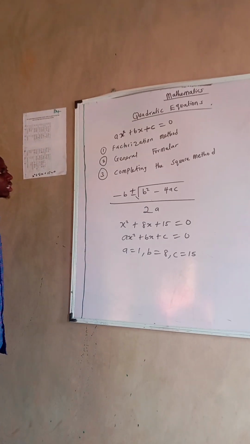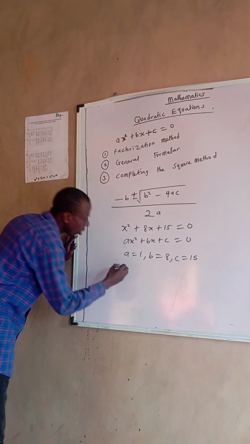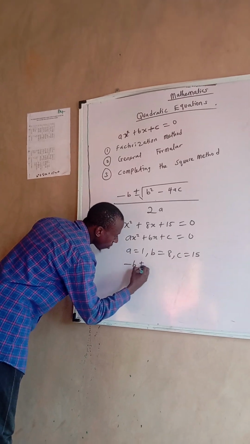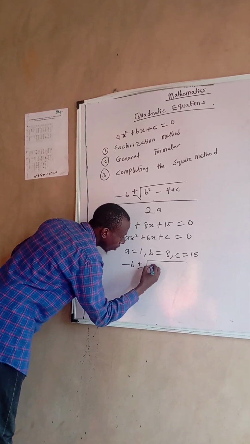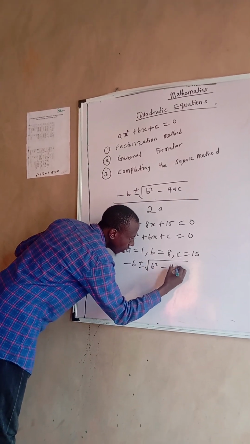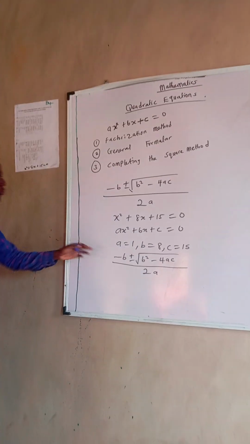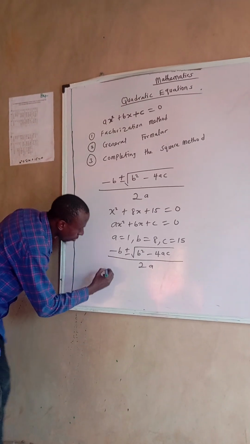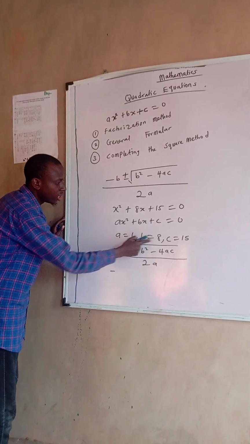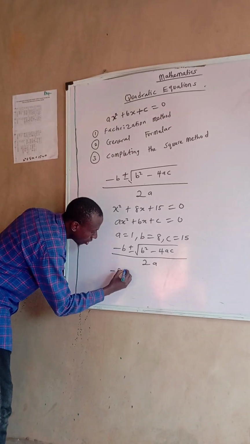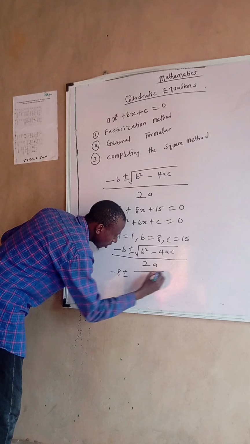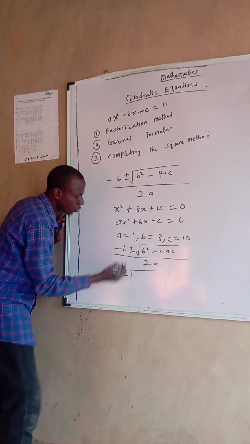Now, let's go back to the general formula, which is minus b plus or minus the square root of b squared minus 4ac. Don't forget, it's all divided by 2a. Now, let's make the substitution. Minus b, what's the value of b? 8. That's minus 8 plus or minus the square root of b squared.